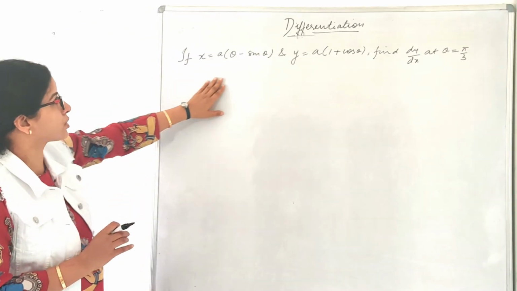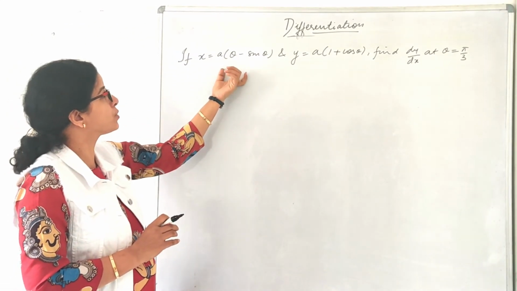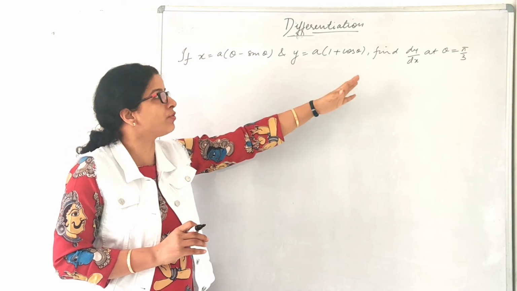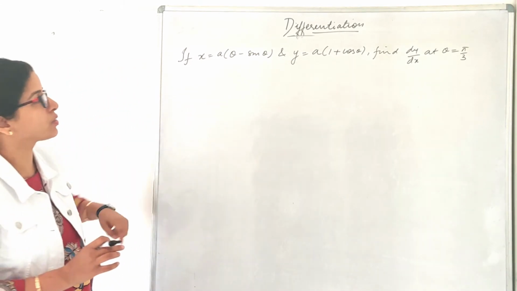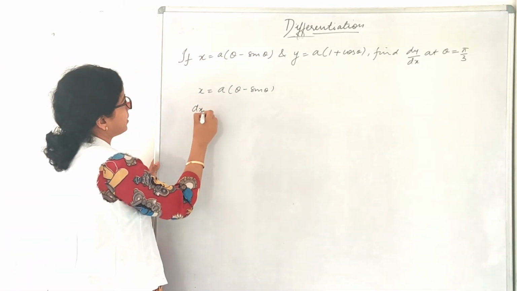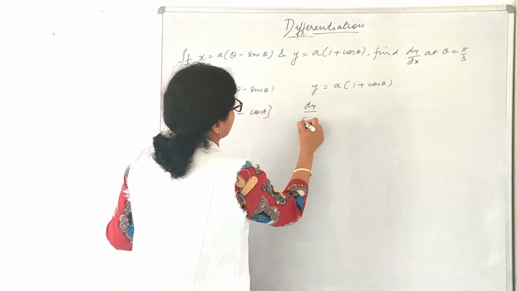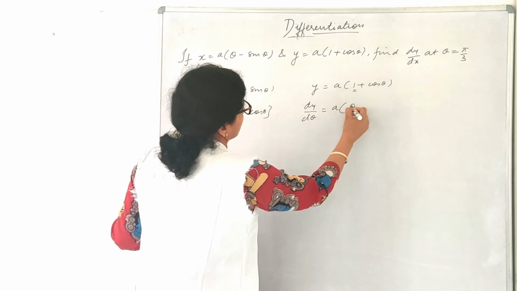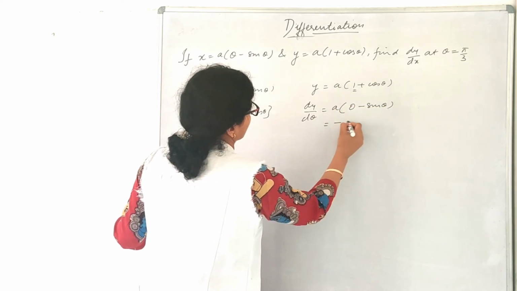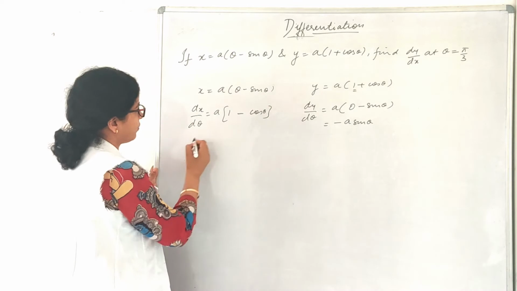Now let us check this question. So we have been given x in terms of theta, y in terms of theta. We have to find the value of dy by dx at theta equal to pi by 3. So we'll find dx by d theta, a(1 minus cos theta), right? dy by d theta equals a(0 minus sin theta), which is equal to minus a sin theta. Now we have to find dy by dx.